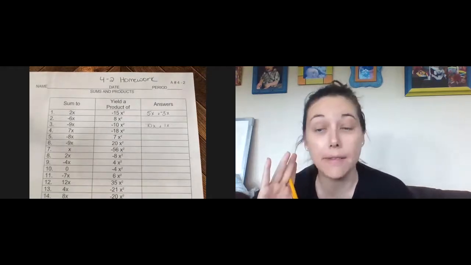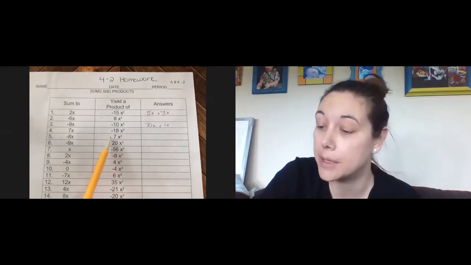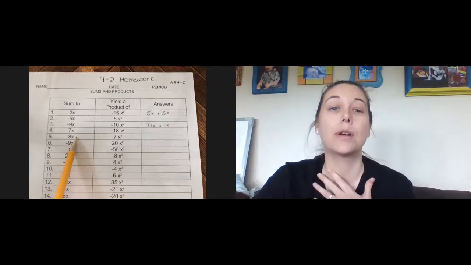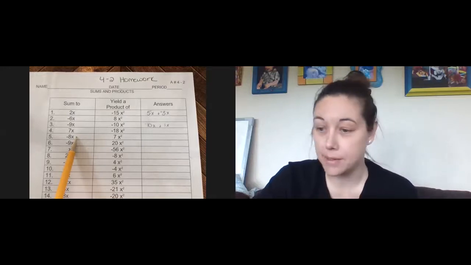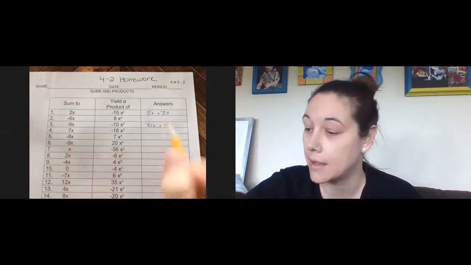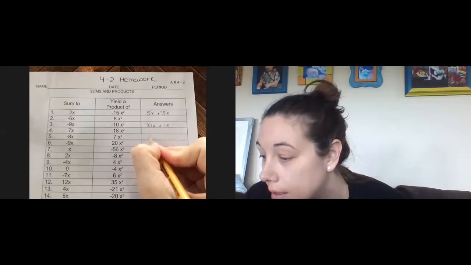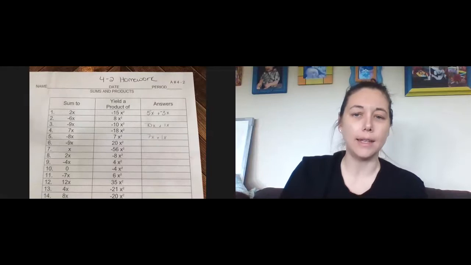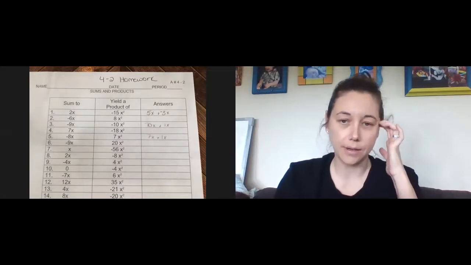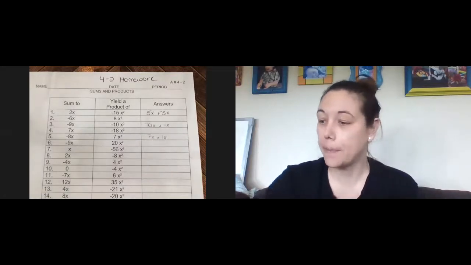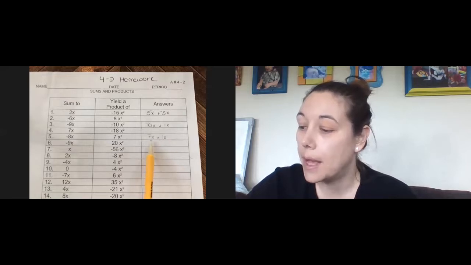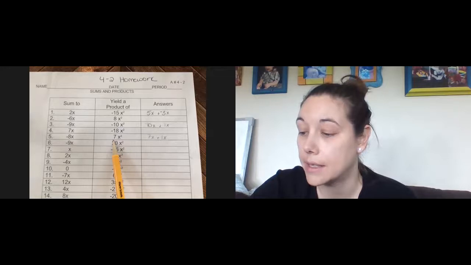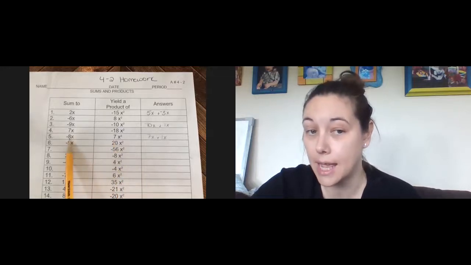A positive 7x squared, but when we sum those together, we need to get a negative number. That's a dead giveaway that we're going to be multiplying two negative numbers together. So some factors of 7x squared: 7x and 1x. I'm writing the 1 in front of the x. You obviously don't need to do that. Positive 7x and positive 1x gives us a positive 7x squared, but it doesn't give us negative x.